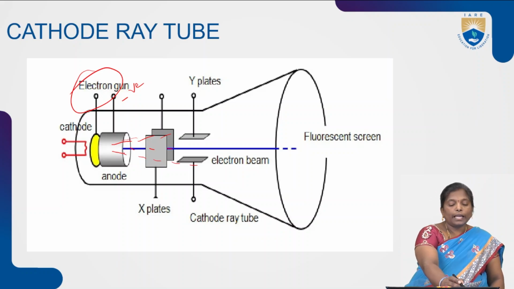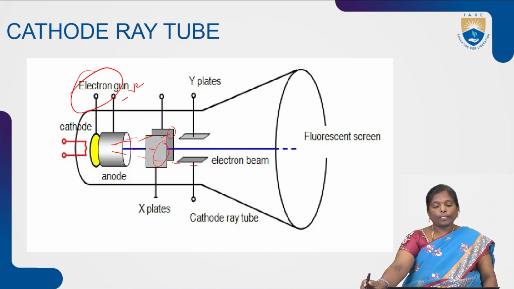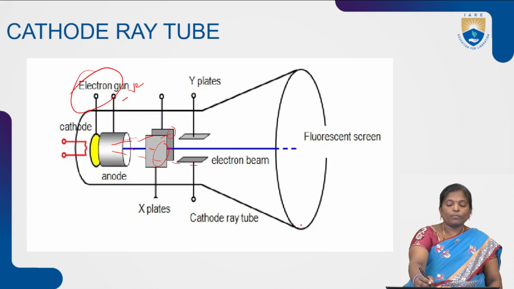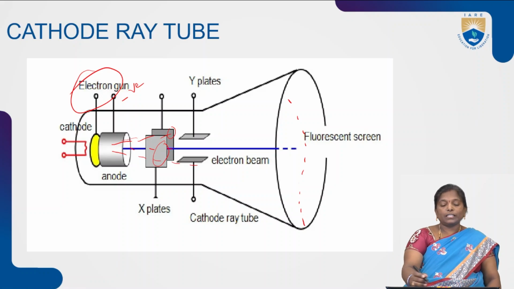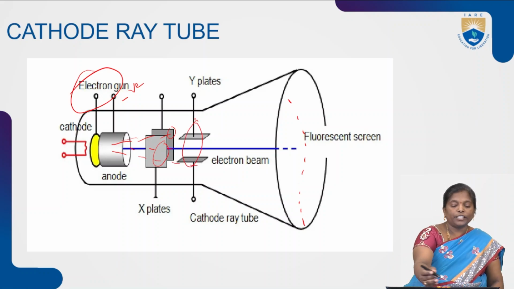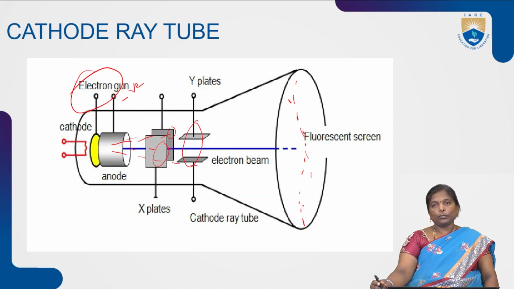Now, the electron beam coming from the electron gun will meet the X deflection plates, so that the electron beam potential varies horizontally and it produces the waveform on the fluorescent screen. Similarly, the electron beam passing through the vertical deflection plates, or Y plates, moves the electron beam spot vertically from top to bottom or bottom to top.